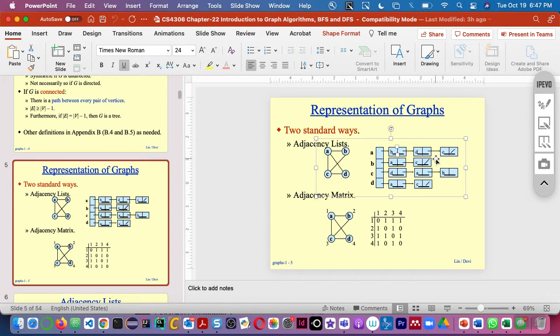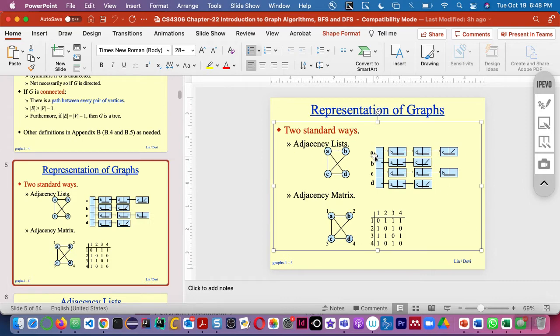The figure shows the linked list, and it may seem that A is connected to B, B is connected to D, and D is connected to C. It's not like this.